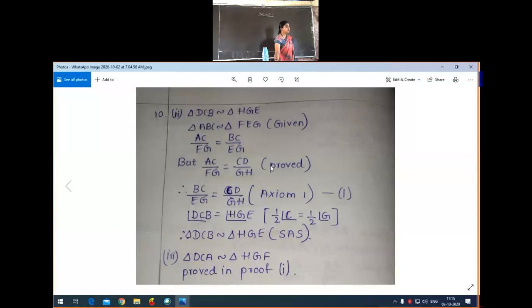So what do we have to write from that? Already two sides are in proportion. So we'll move back to the diagram part. Here we have to show DCB similar to HGE. For that, the given data is triangle ABC similar to triangle FGE.